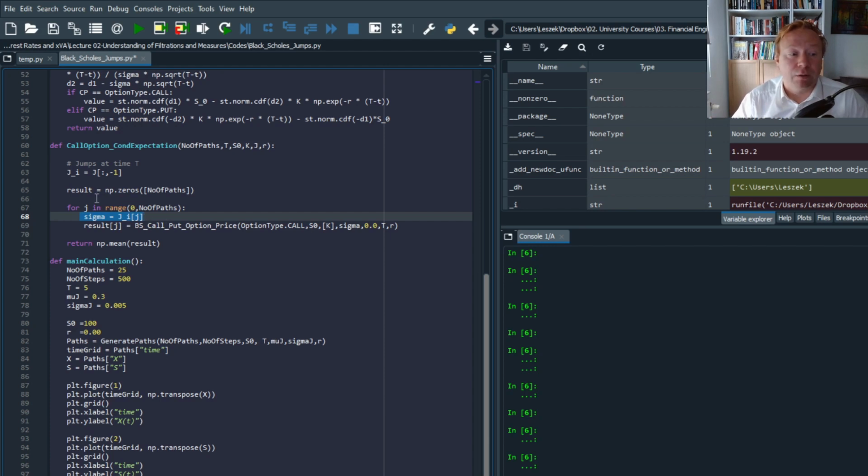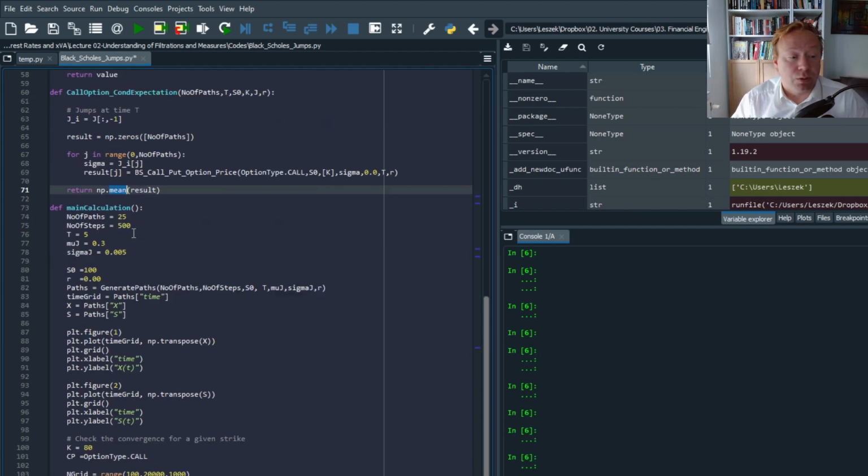So we iterate over all the paths for J and calculate the Black-Scholes equation for sigma, which is the realization of the volatility. You can see it is simply incorporated there. Then we have from t to T, so from 0 until maturity. And next we take the expectation of all those results.